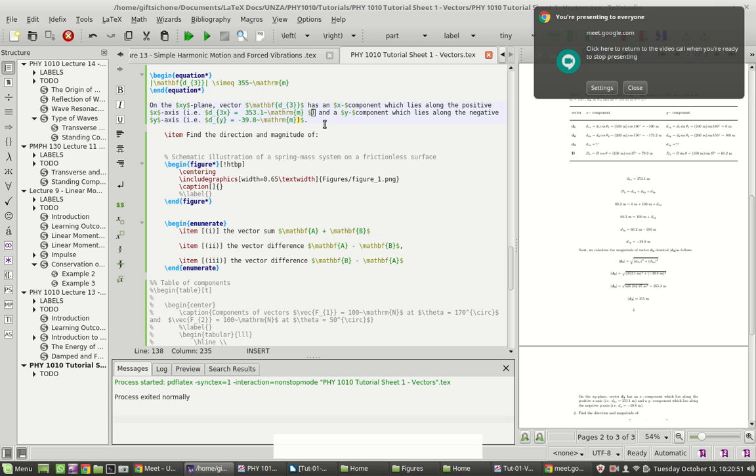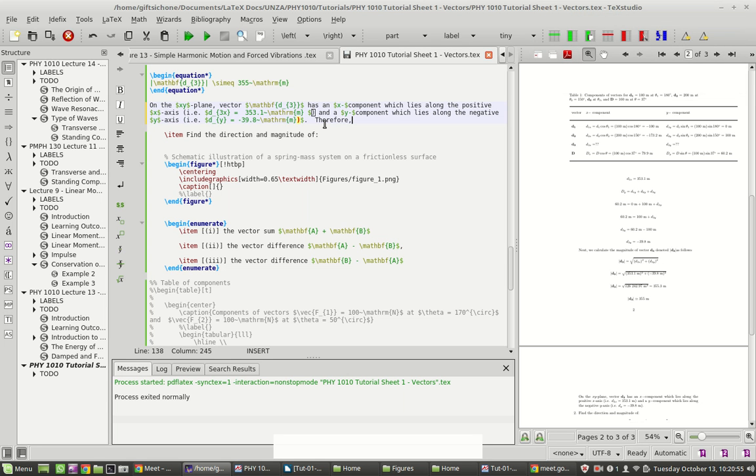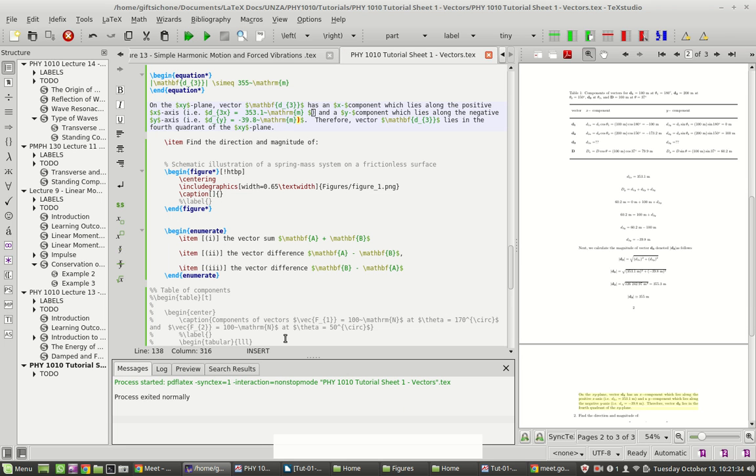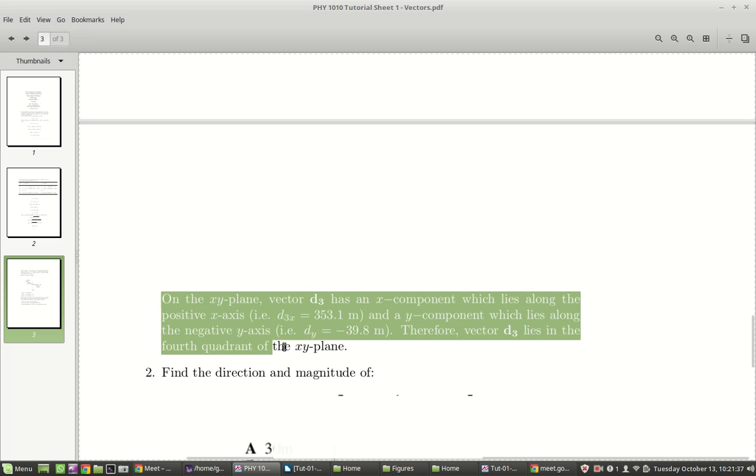Do we agree? Therefore, vector d3 lies in the fourth quadrant of the xy plane. Is this clear to everyone?